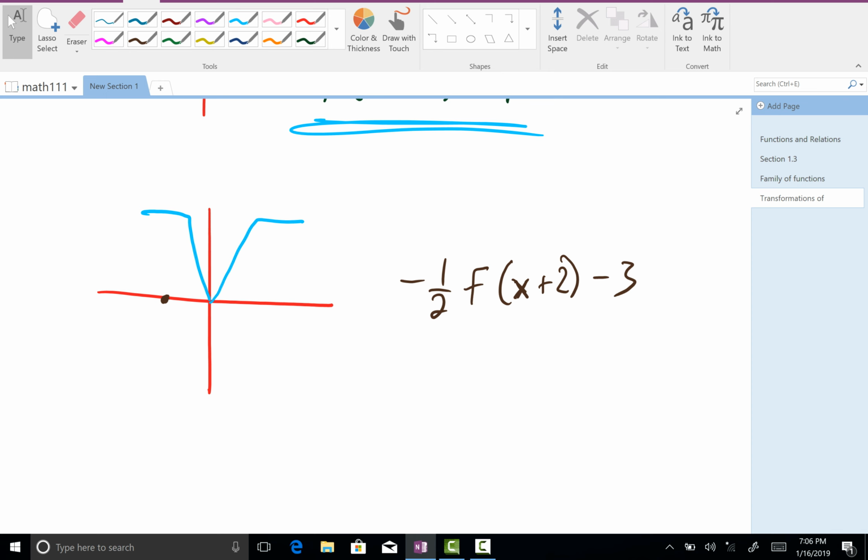So if I stretch it, does it stretch this way, or does it stretch this way? So it looks like a, depending on if it's negative or positive, will stretch in or stretch out. Right? So if it's negative, it looks like it's stretching in. Okay, hold on. So if it's negative, what does it do? It goes in.